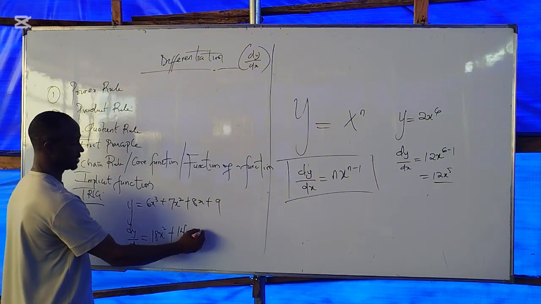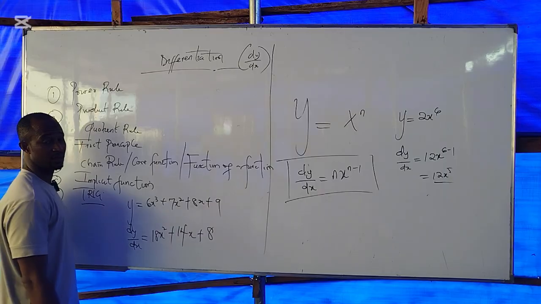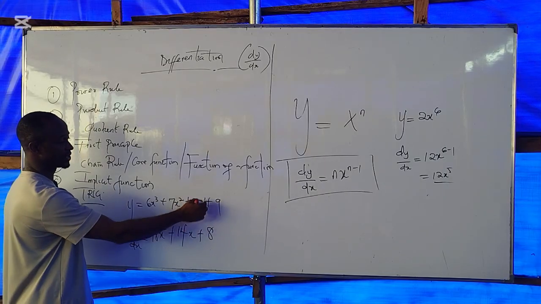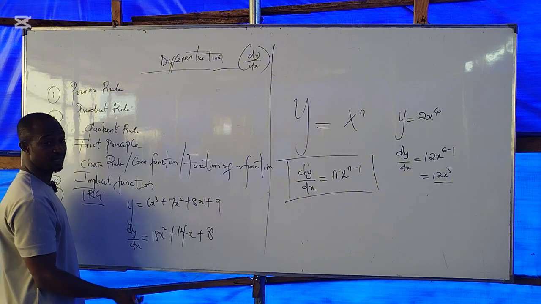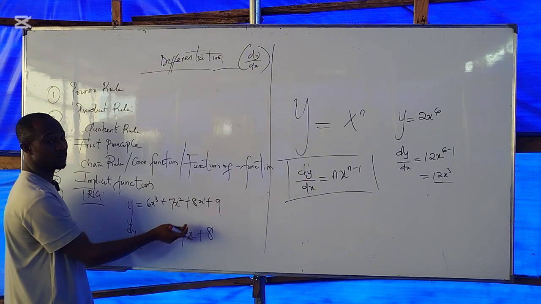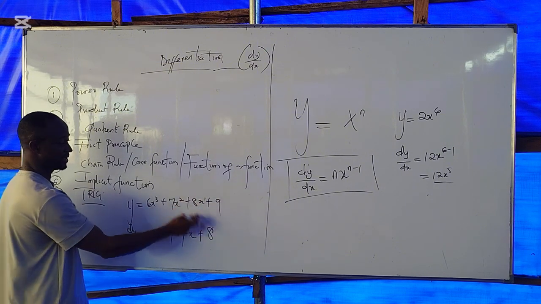What about 8x? That will give us 8, because the power of x here is 1. If I subtract 1 from 1, we have 0, so x raised to power 0 is 1, and 1 times 8 is 8.